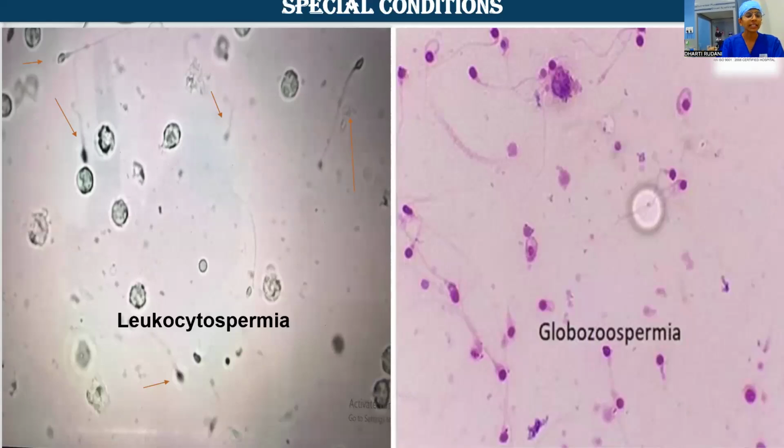Leukocytospermia indicates increased white blood cells in the semen sample, suggesting infection or inflammation that can impair sperm function through oxidative stress. Globozoospermia is a rare condition in which sperm have a round head and lack an acrosome, preventing normal fertilization. These patients usually require ICSI.